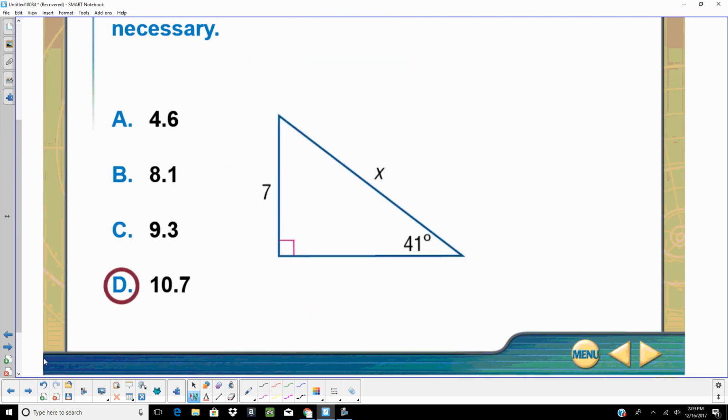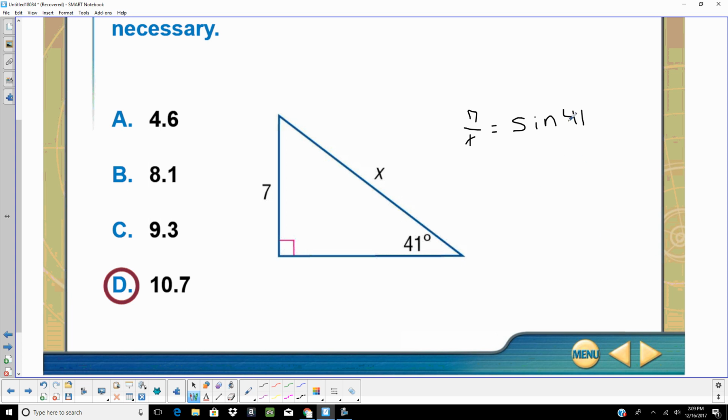On that one, the answer is going to be 10.7. You're looking for the hypotenuse, and they give you the side opposite. So it would be 7 over x. It's not a well-drawn x. Equals sine of 41.